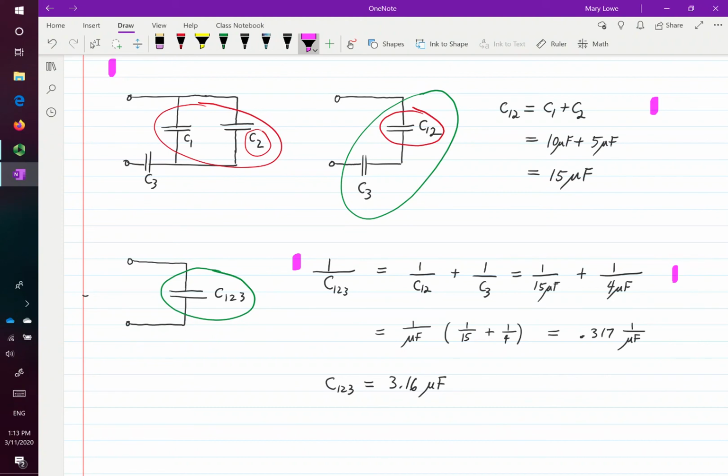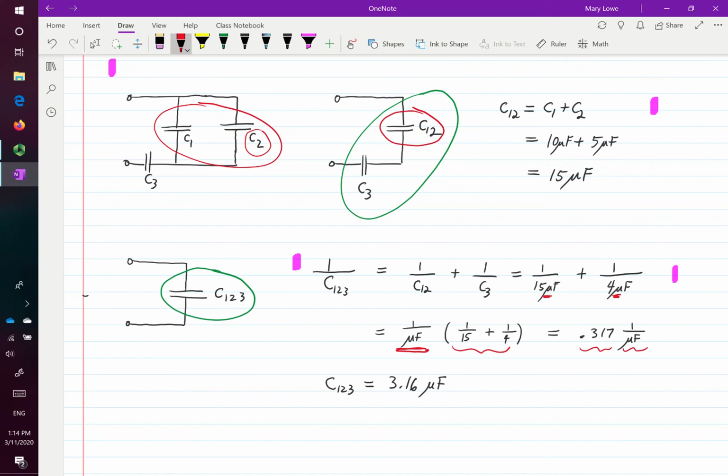One thing you want to try to do is not plug in these microfarads into your calculator too soon. What I do is factor out the micro part of it over here, and then this portion here is easy to stick into your calculator. When you're done, you get some number times 1 over microfarads.